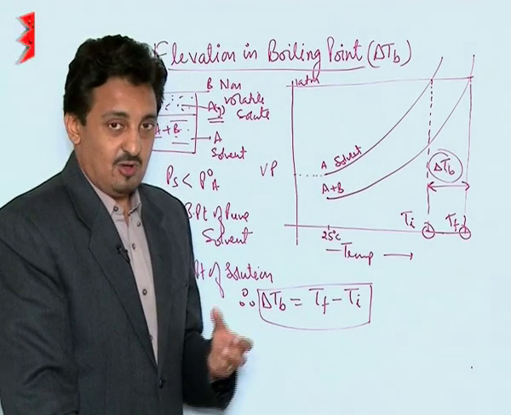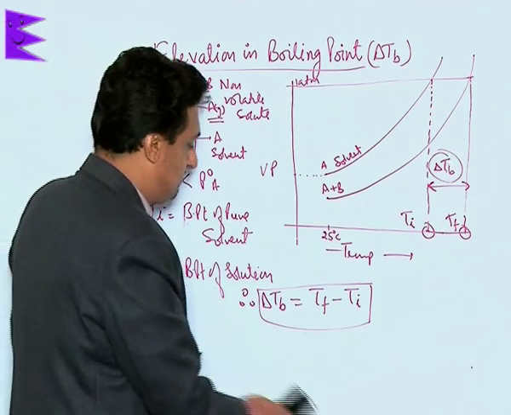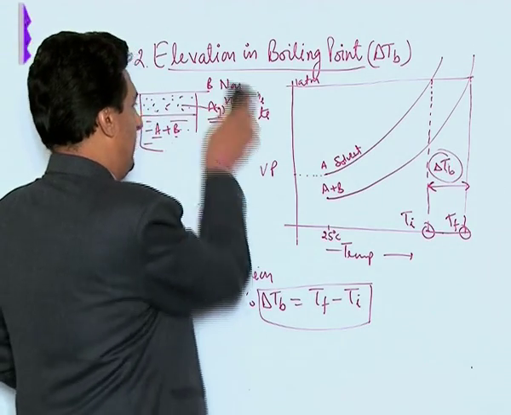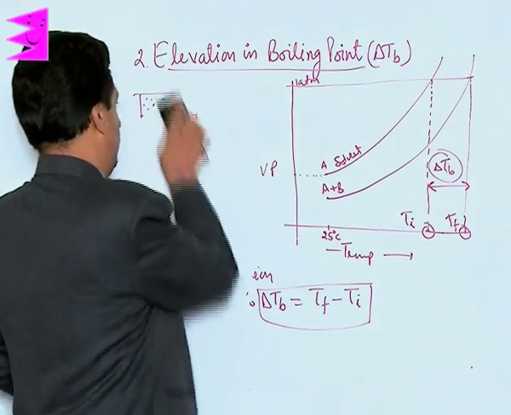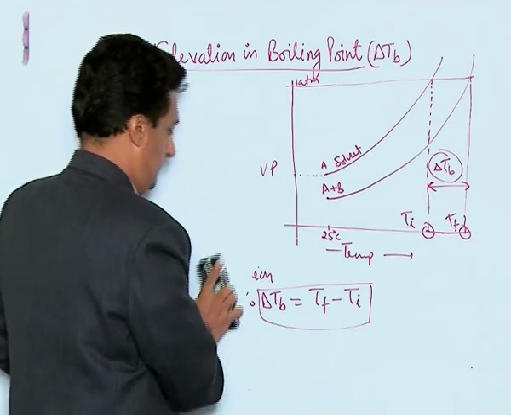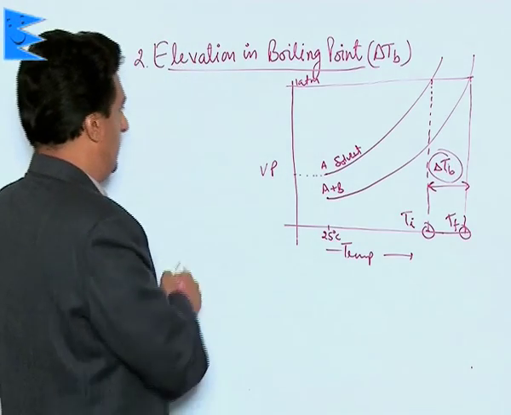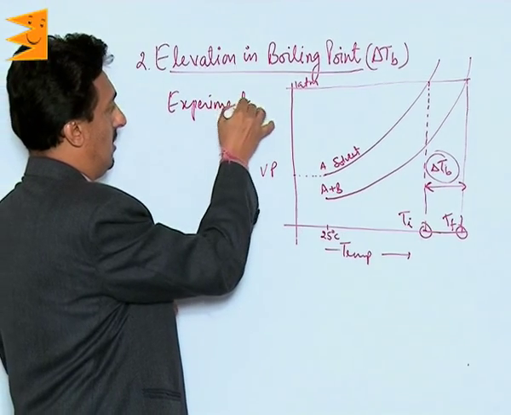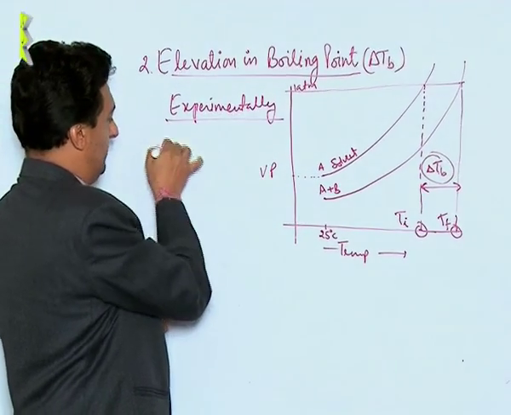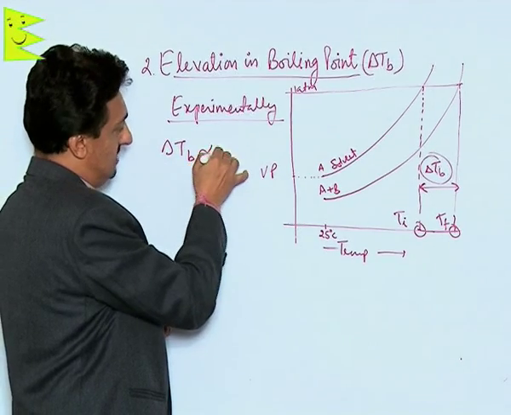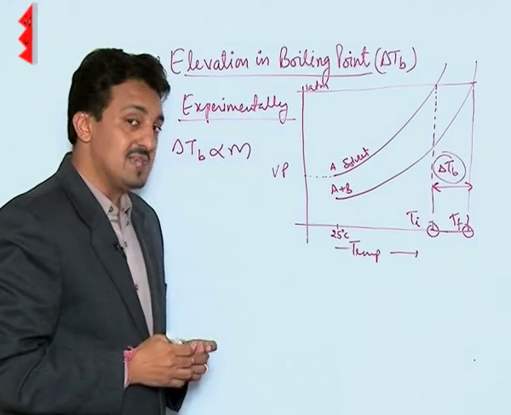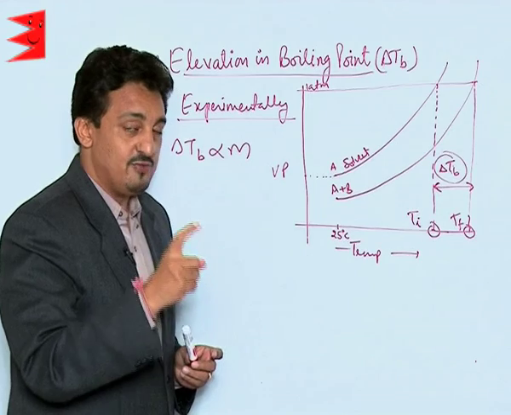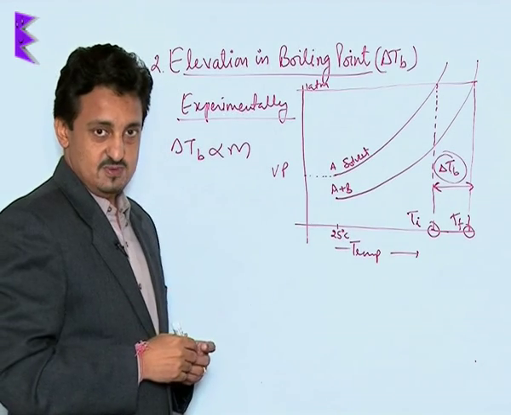And this is a colligative property, because experimentally it was found that this delta TB is proportional to m. What is m? It is the molality of the solute in the solution.